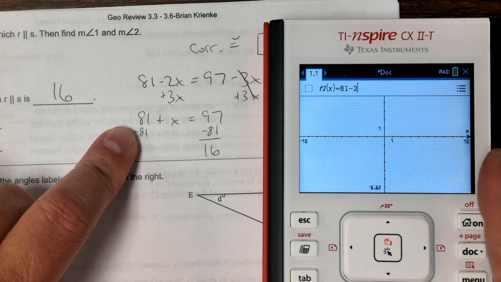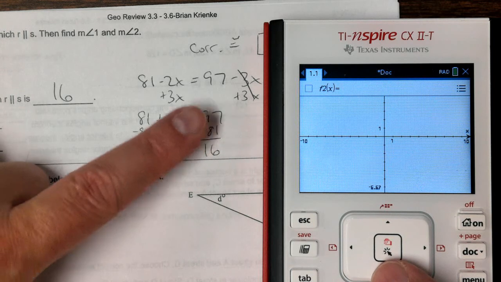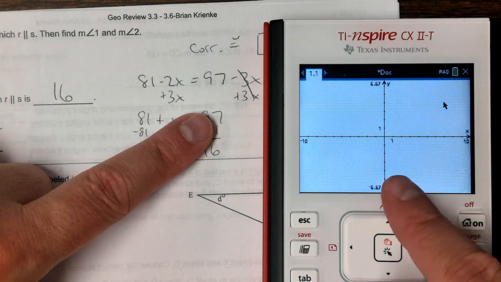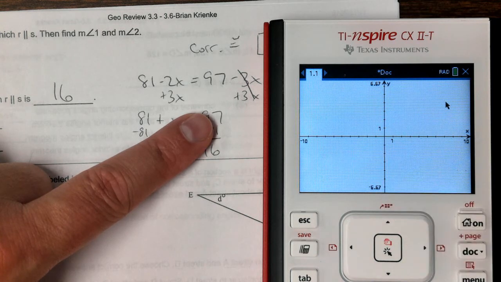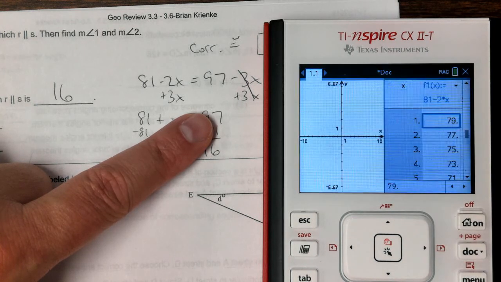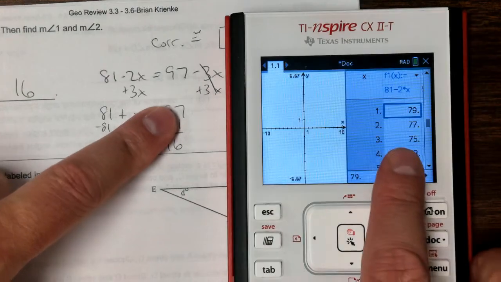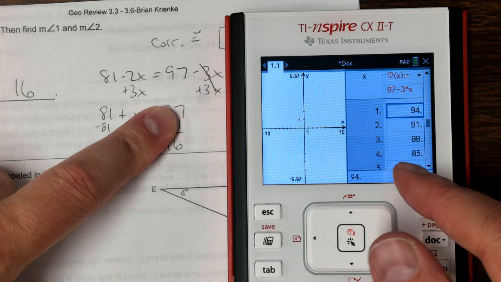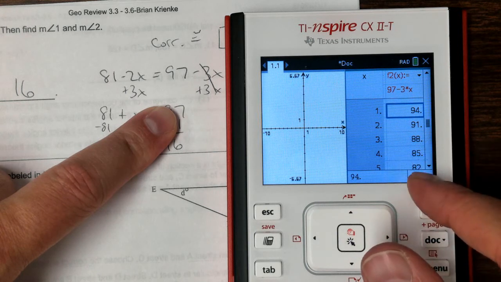(81 minus 2x) and 97 minus 3x. So I can't see either graph. They're in the 70s basically for this one, and in the 90s for this one.